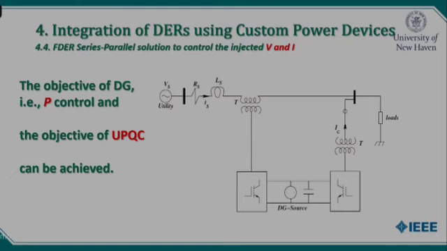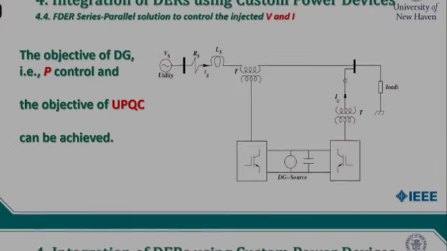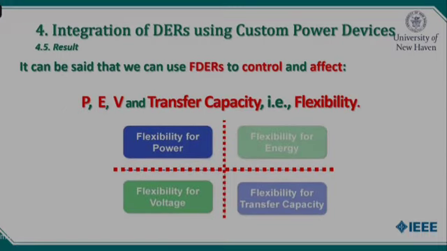And in this case, we have the possibility of controlling the voltage and current simultaneously. And as I said, the objective of DG, that is active power control, and the objective of the UPQC can be achieved. Next slide, please.